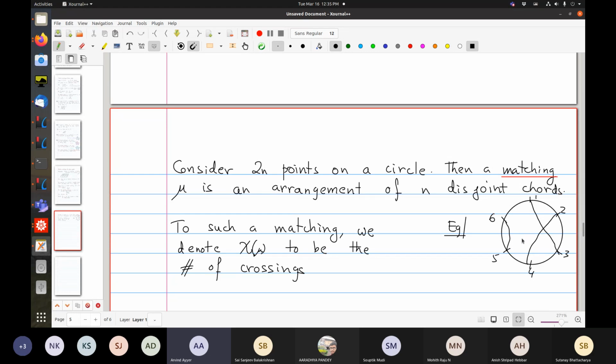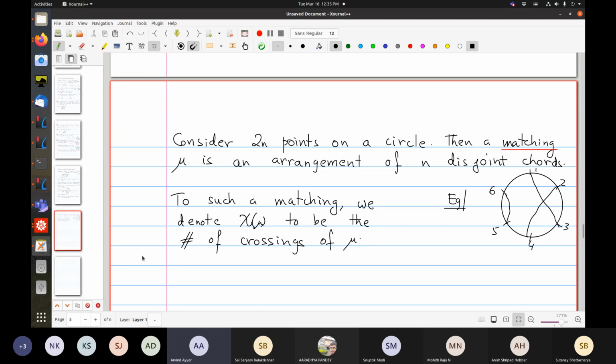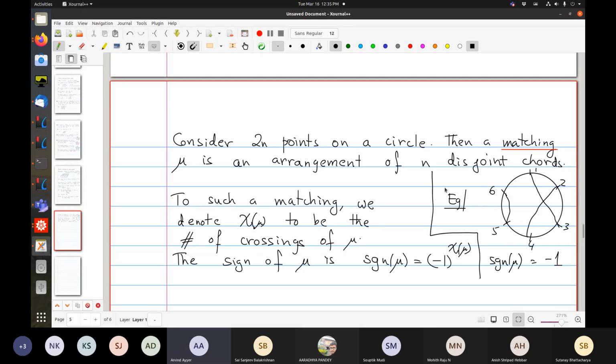You don't have 3 chords crossing. Okay, I hope that's clear. The sign of mu, sgn of mu, is -1 to the phi of mu. So this mu has sign -1, because there is exactly one crossing.